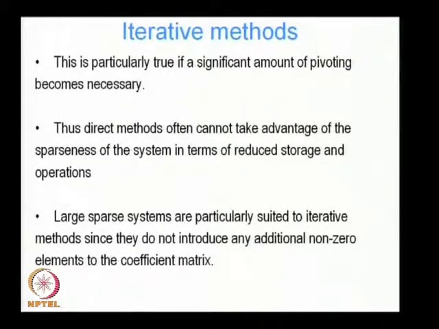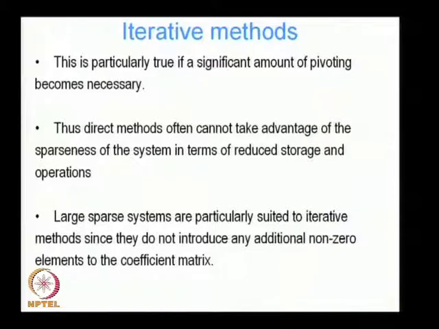Thus direct methods cannot take advantage of the sparseness of the system in terms of reduced storage and operations. If you have a sparse matrix, you would like to take advantage of the sparseness by reducing the number of operations, but in direct methods, because of pivoting, the sparseness gets lost.